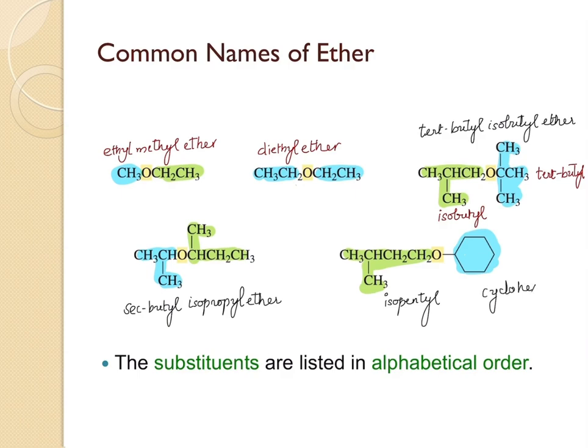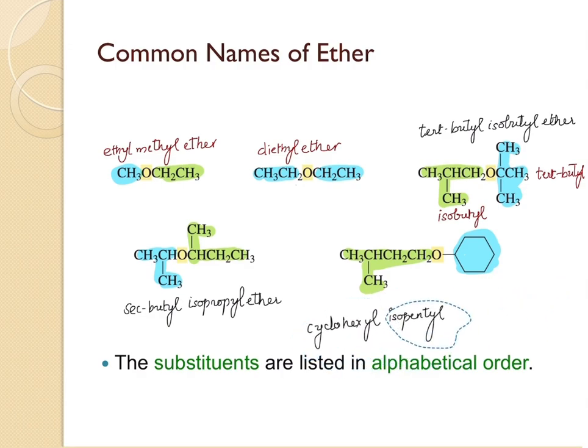Now, how are we going to arrange this one in alphabetical order? Obviously, the C is going to come first, and then comes I, right? So you have to put the cyclohexyl group in the front, followed by isopentyl group, followed by the parent name ether.